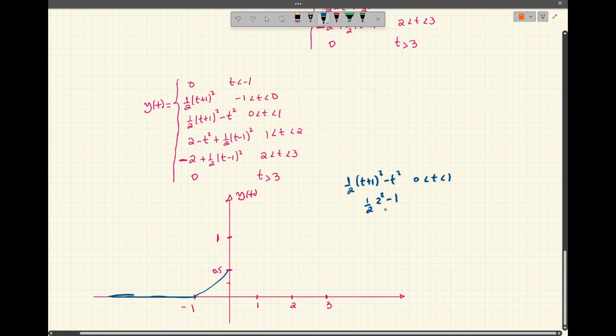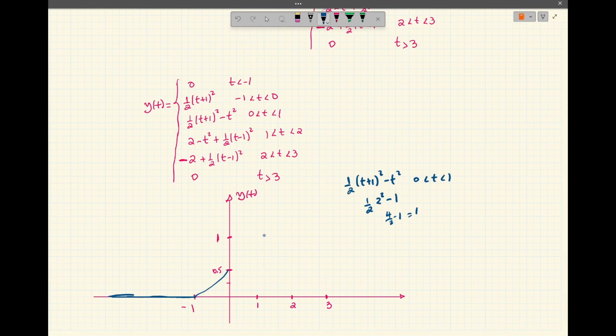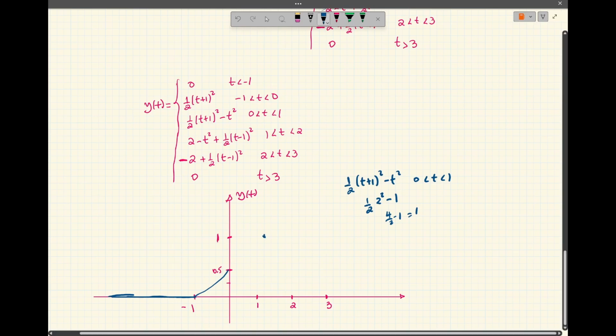So that gave me 4 over 2 minus 1. So that's 1. So at t equal to 1, the coefficient of the t square is negative. So that's the point. So it's gonna curve down like that because the coefficient of t square is negative.